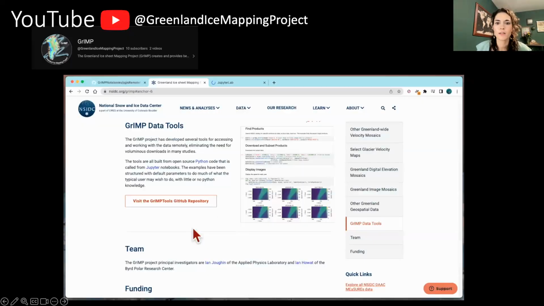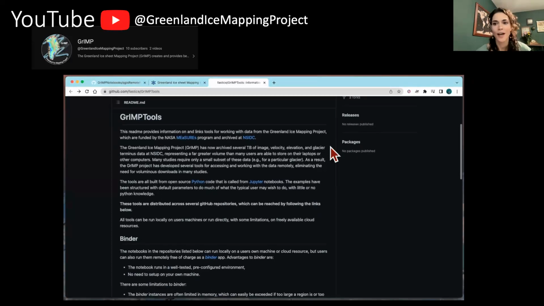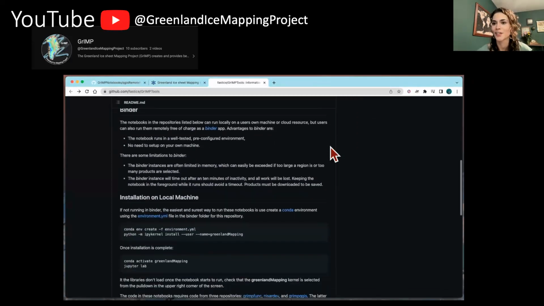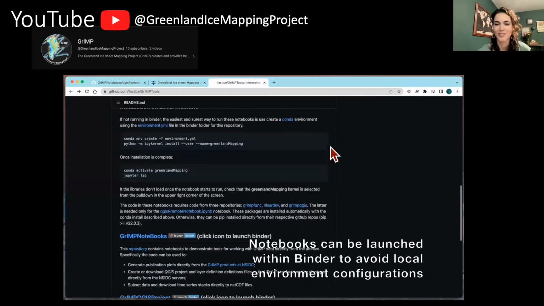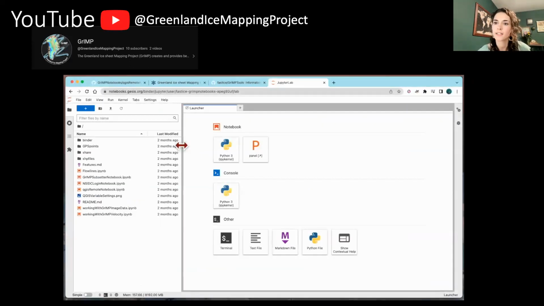As part of this, I hope this doesn't have sound, I think I took the sound off. We've developed, I really wasn't involved with this too much, mostly testing the notebooks to make sure things worked, but Ian Gigaton developed these notebooks that coincide with the different GRIMP tool sets and GRIMP data products.